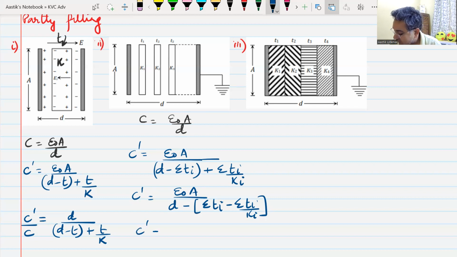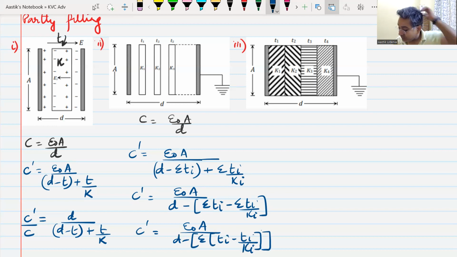Or you can also write it like this. Epsilon naught A upon D minus summation of Ti minus Ti by Ki. Are you able to understand what I've written here? Yes or no?